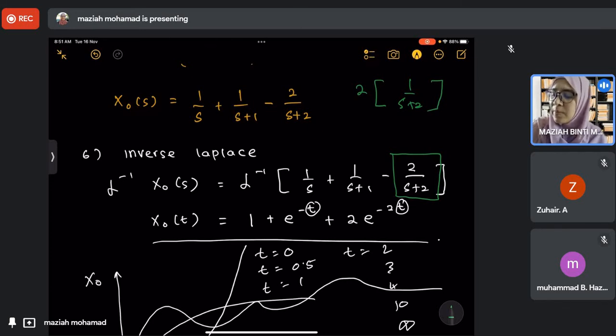This term will be exponent negative 2t. So it multiply with 2. So that's why it become 2 exponent negative 2t. Because exponent negative 2t is only for 1 over s plus alpha. Okay, so that's why we separate. Doktor, plus 2 ke minus 2? Minus 2. Minus 2. Sorry, typo.